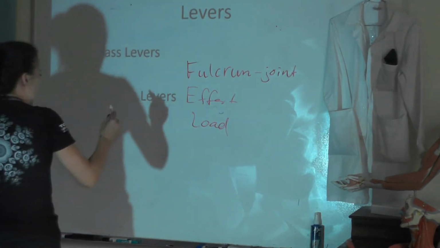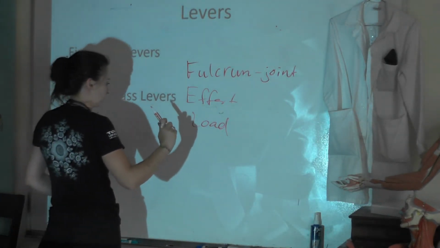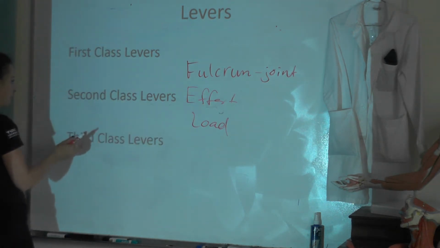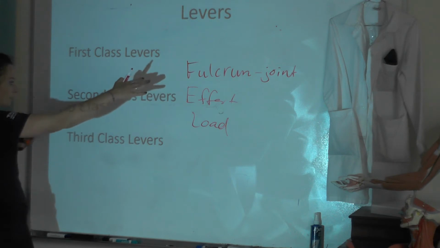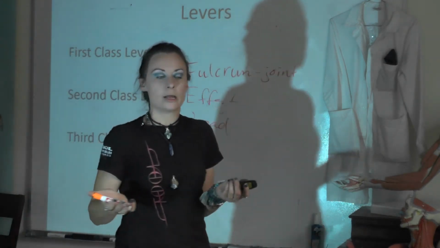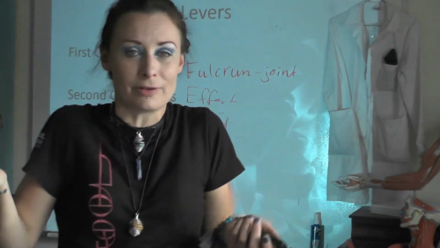The relationship is different in each of the 3 types, and it's going to give us different types of motion, which allow us to do different types of stuff.